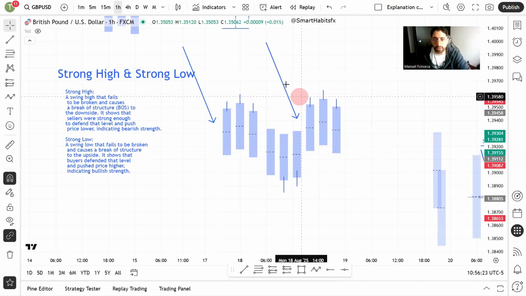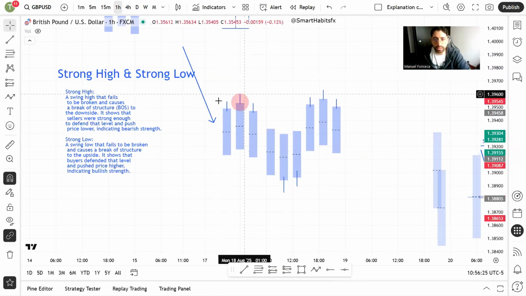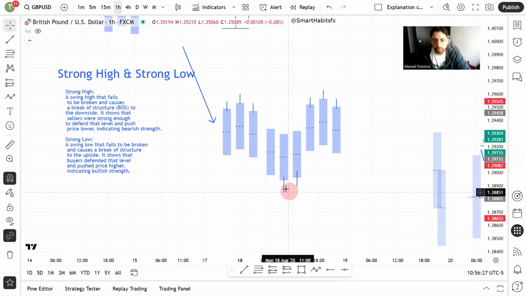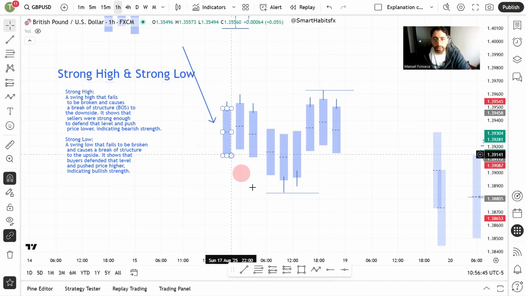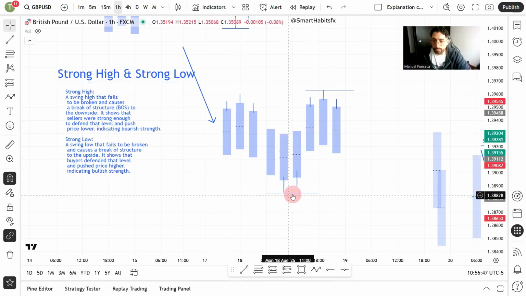So once you have the swing low clearly identified right here, then you identify the swing high.